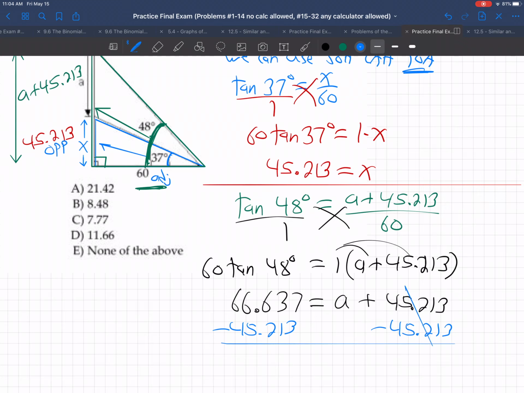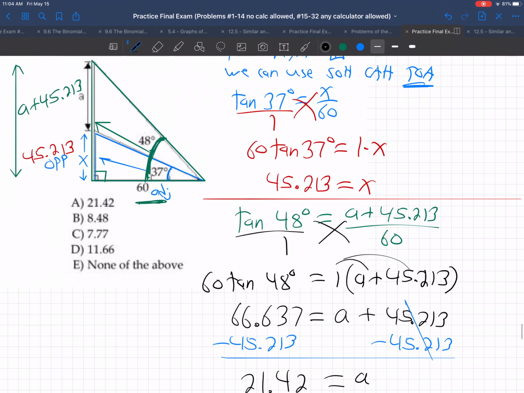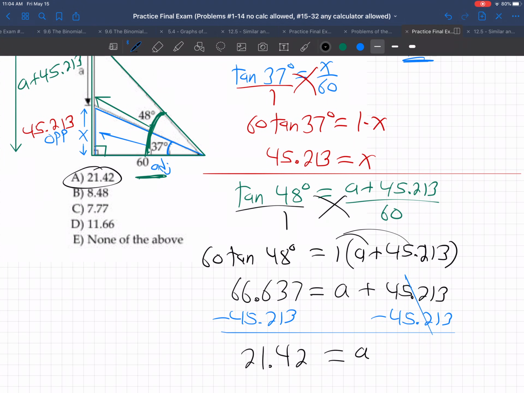Cancels out there. And so we get A equals, I'm getting 21 point, it wants us to round to two places, 42. 21.42, answer A, there it is.